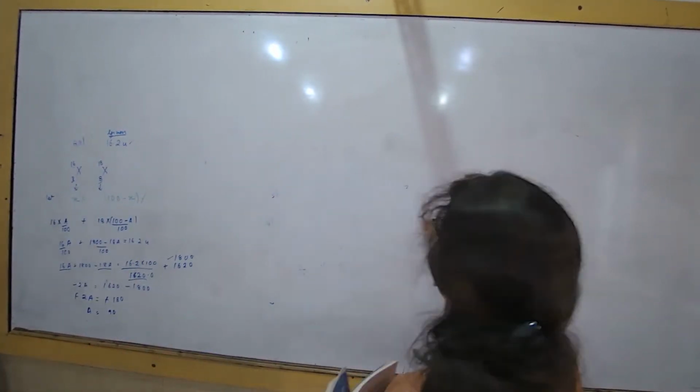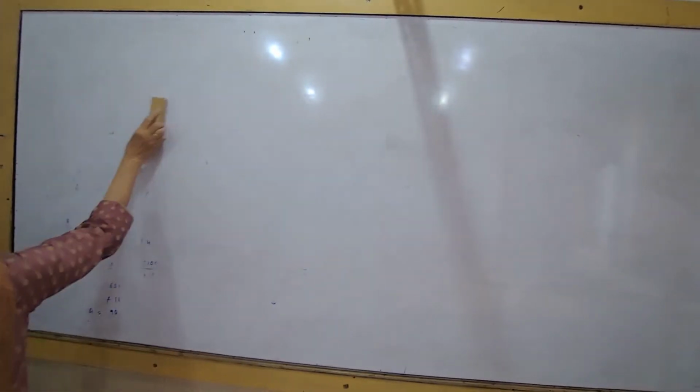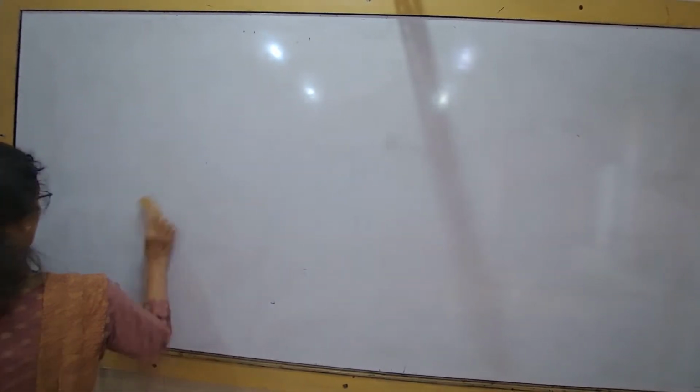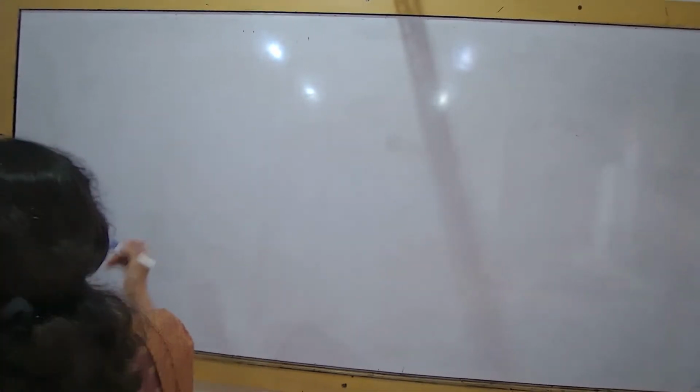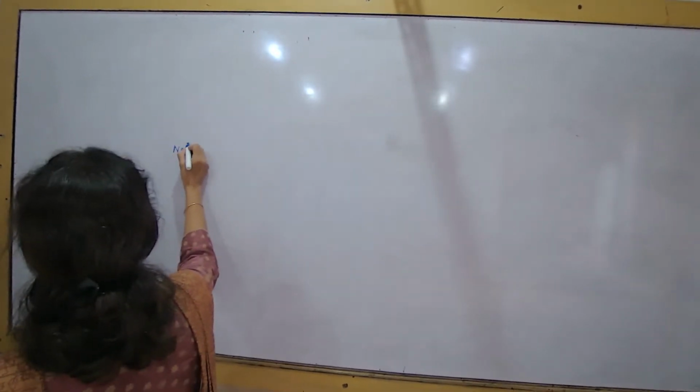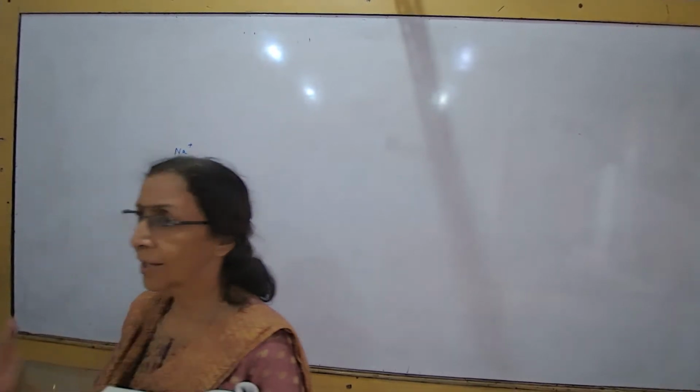Na plus. Abhishek, ninth one. Kaushik, ninth one. Read the question and see what you need to understand. Na plus has completely filled K and L shells. First of all, Na plus, what does it show?